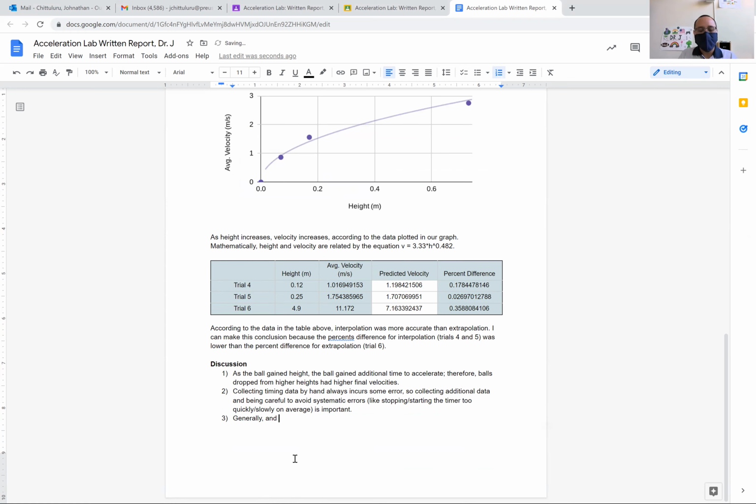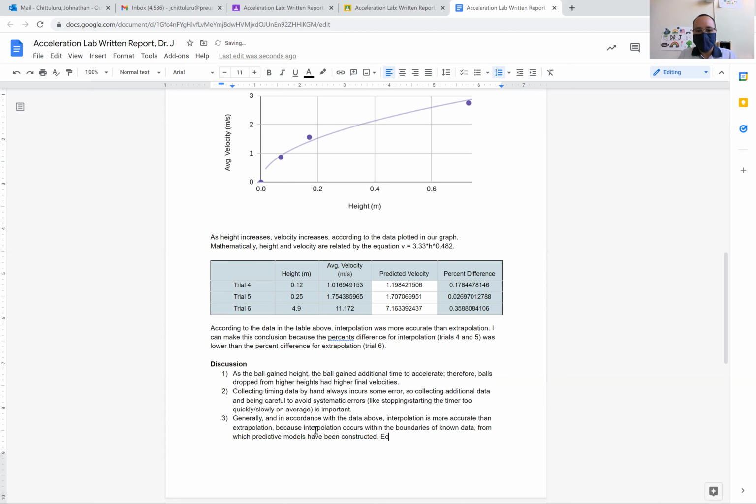So generally, and in accordance with the data above, interpolation is more accurate than extrapolation because interpolation occurs within the boundaries of known data, from which predictive models have been constructed.